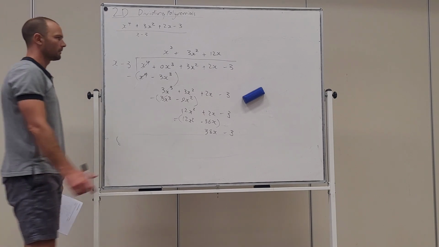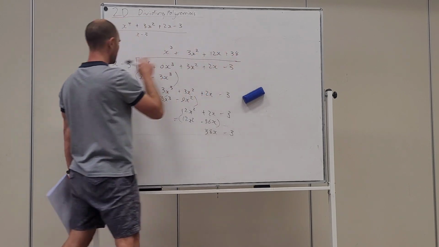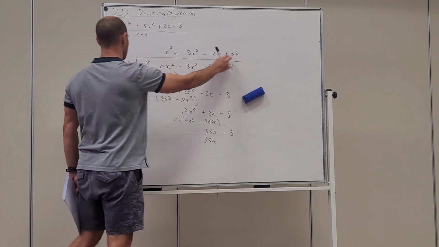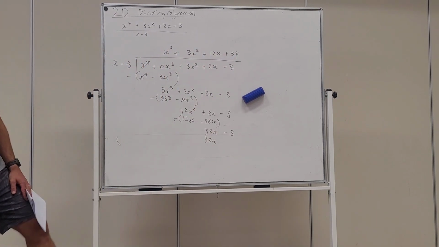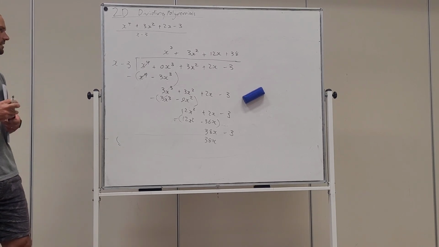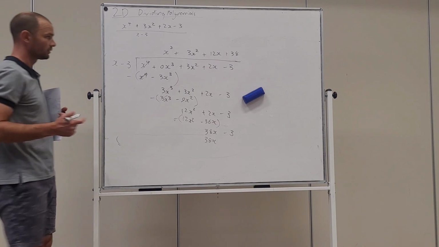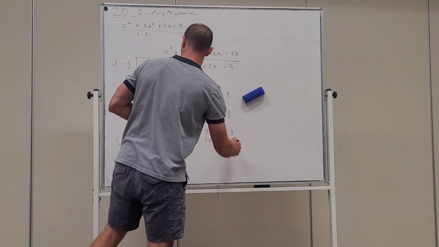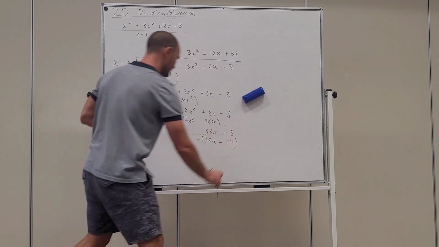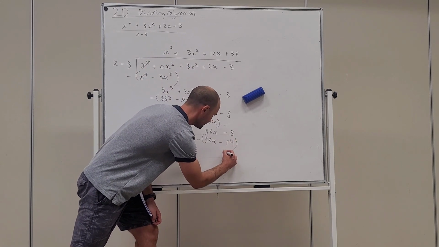Okay, and then we'll have 38 here. 38 times x will give us 38x. And 38 times minus 3, what's that? 114. Subtract that away. 38 take 38, and then minus 3 take minus 114 will give us positive 111.